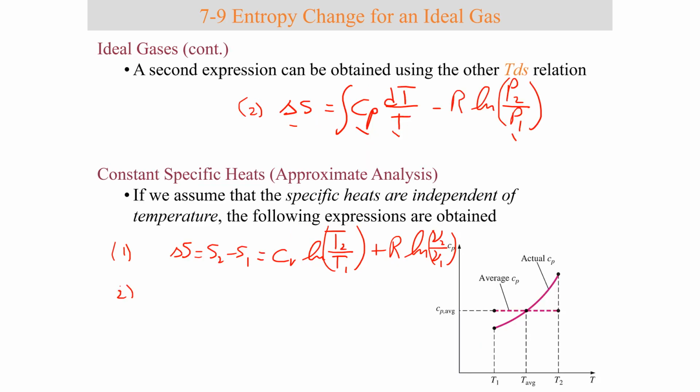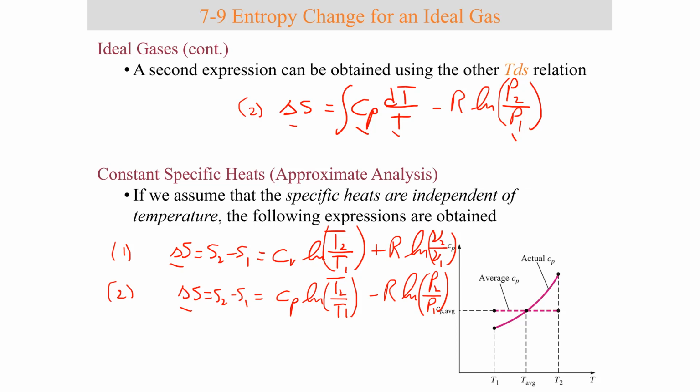And equation 2, which is the top part of this slide, ends up being Cp natural log T2 over T1, minus R natural log P2 over P1. Again, that's finding the entropy change of an ideal gas assuming constant specific heats, and it yields two different equations. They give you the same answer, the only difference being using one or the other depending on the knowns in the problem.